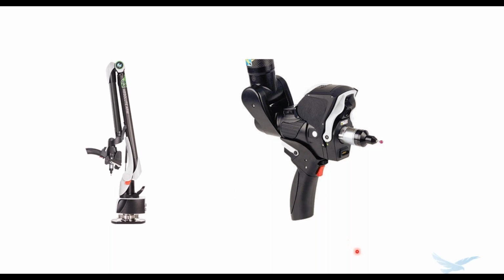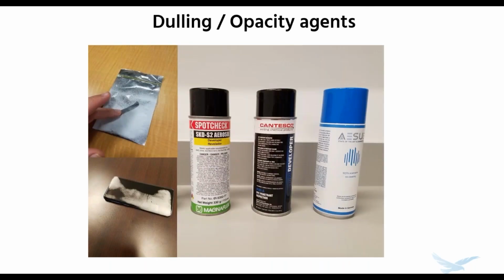So a lot of us, who don't have one of these RS6 lasers from Hexagon, are going to be using some kind of dulling agent. One option could be a talc spray. This is just something that welders use on a daily basis called developer spray. And it's just talc in a can, basically, and it wipes away clean.